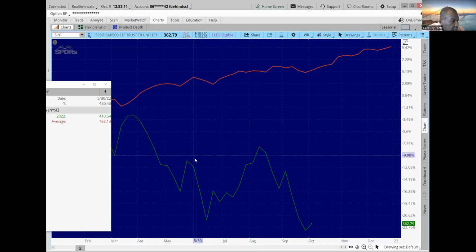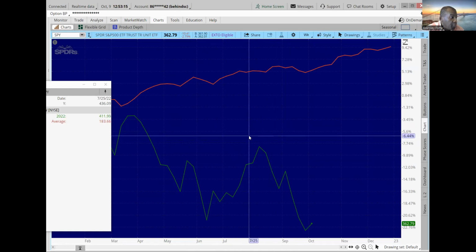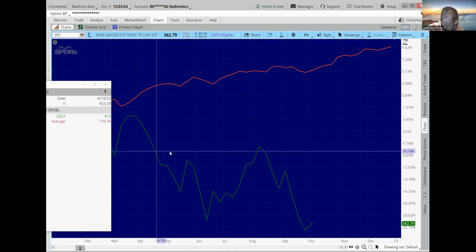And let me show you this here. What you're seeing right now is the Thinkorswim platform. And this is a seasonal chart of the S&P 500. On the data window here, on the right side, that is the current price and date.